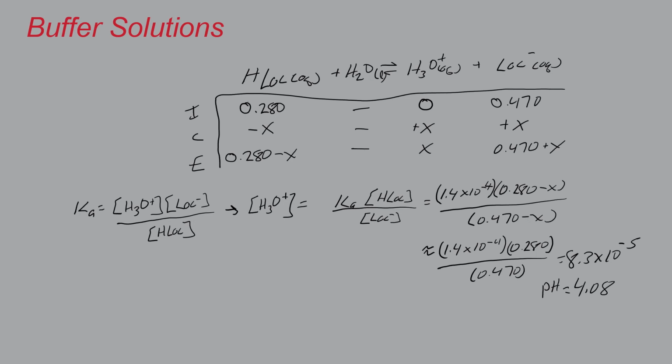Now the pH went down. Remember, the pH was originally 4.15, so the pH did in fact go down, which is reasonable because we added an acid to this solution.